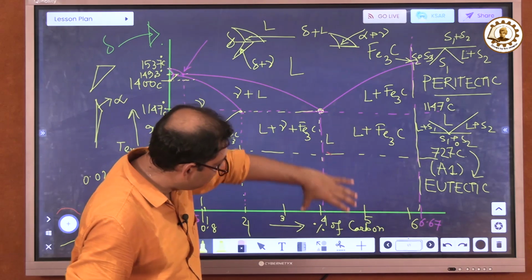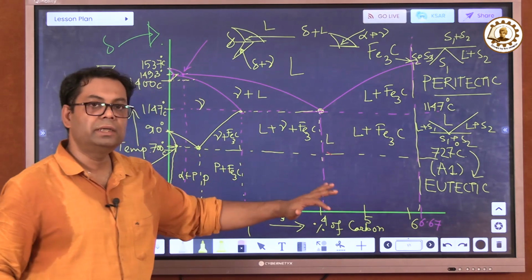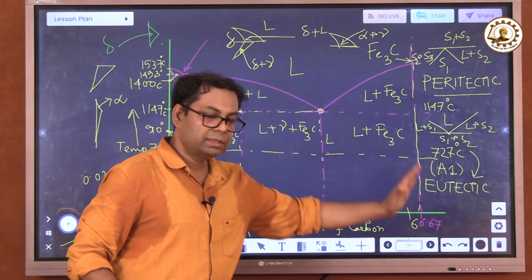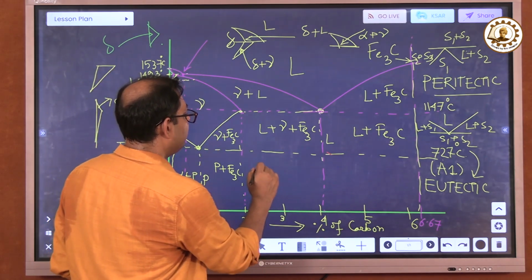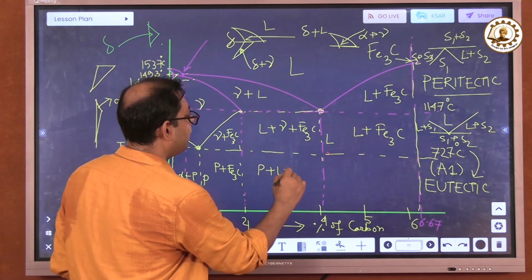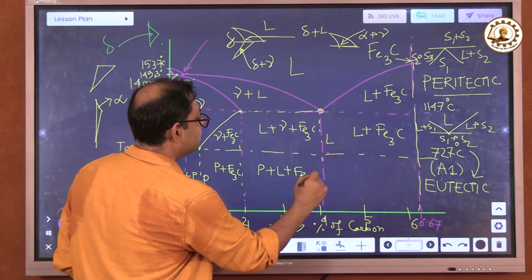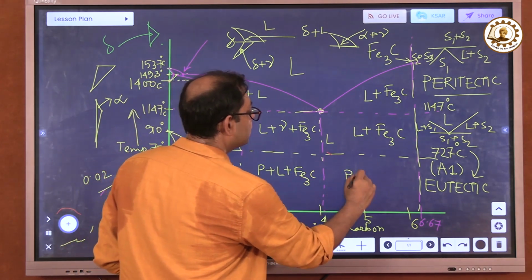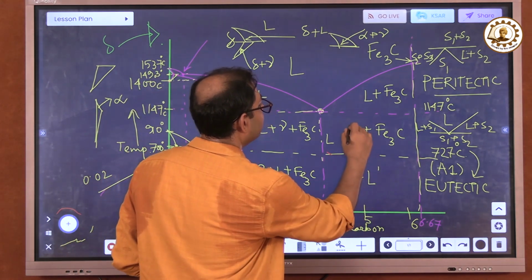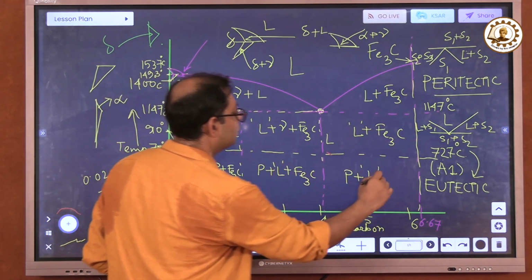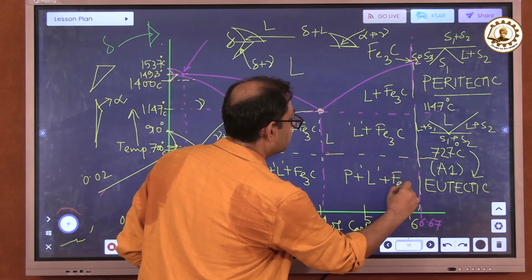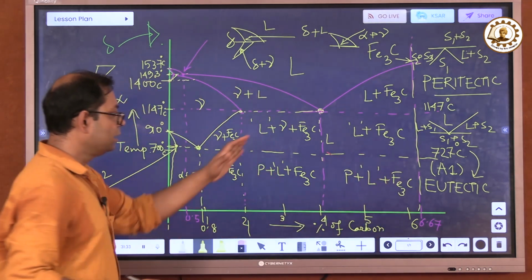Now, if we go downward of this cast iron region, or the region which is just crossing the cast iron region, then it will be P plus L plus Fe3C. It will be P plus L, meaning ledeburite, not liquid, don't get confused, plus Fe3C.